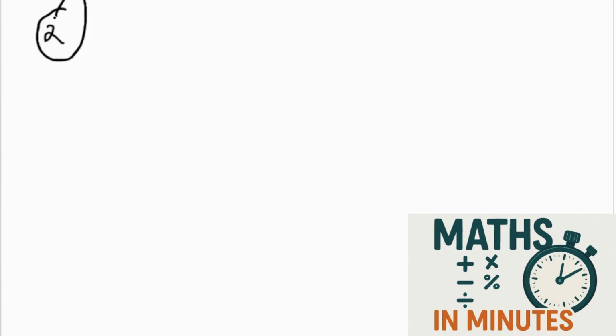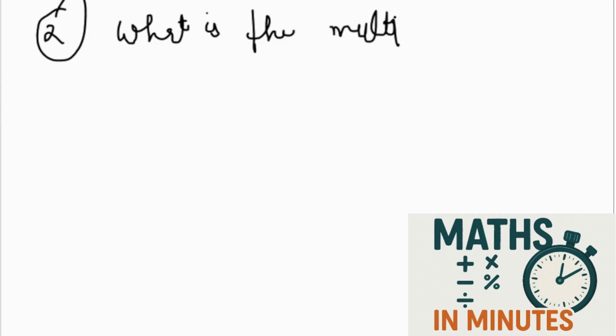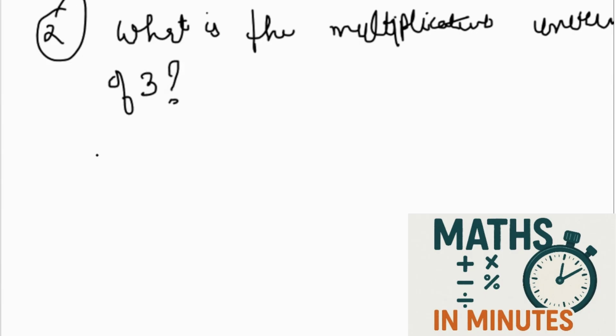What is the multiplicative inverse of 3? Your options are -3, 0, 1 upon 3, and 1.